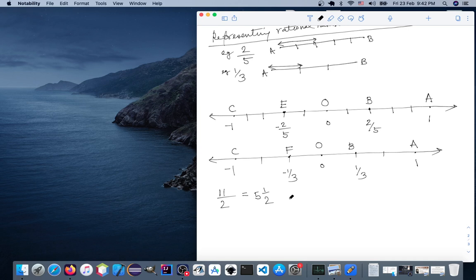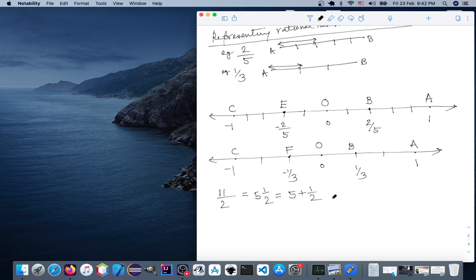So 5 into 2 plus 1, 11 by 2, the 5 and a half. So 5 and a half is a mixed fraction, meaning what is a mixed fraction? It has a whole part, that is 5, and a proper fraction part, that is half. So this is actually 5 plus half.